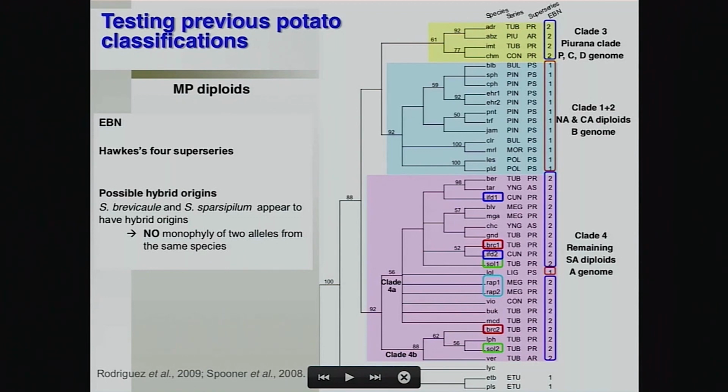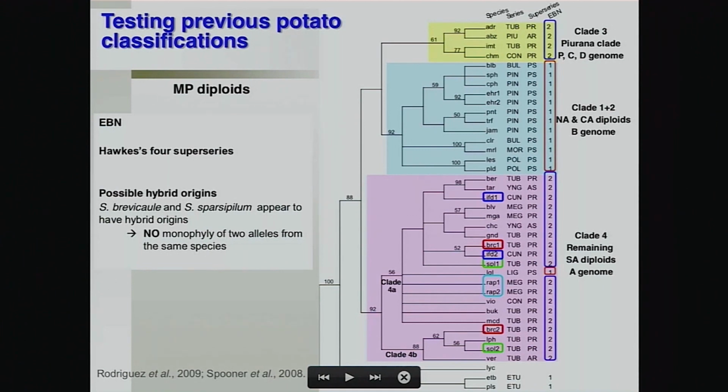As you can see, there are some exceptions, okay? So that theory is not supported. It also highlights some possible hybrid origins of two species, Brevicaule and Sparsipilum, because you can see that Brevicaule has some alleles here, and also Sparsipilum.